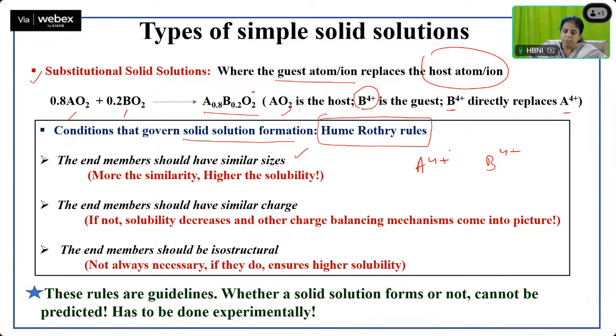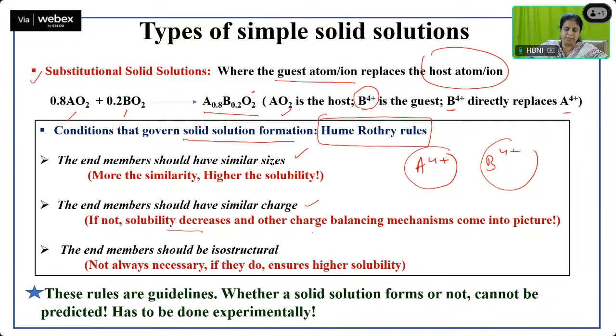Again, that ensures the similarity between the guest and the host. If the charges are not similar, that doesn't mean the solid solution will not form, but the probability that they will form across the range from one end to other end will decrease. So solubility might decrease because other charge balancing mechanisms will come into play.